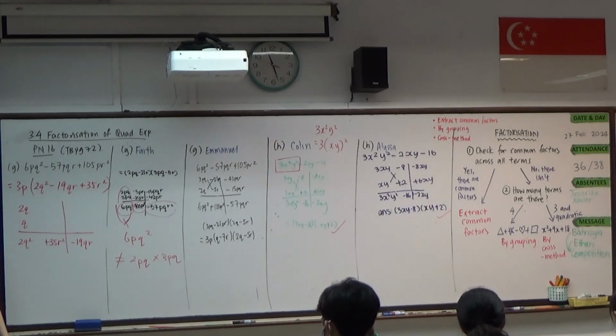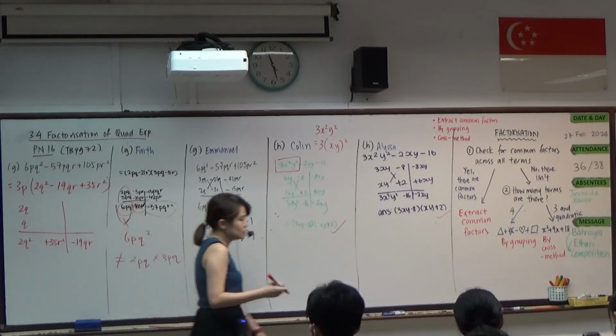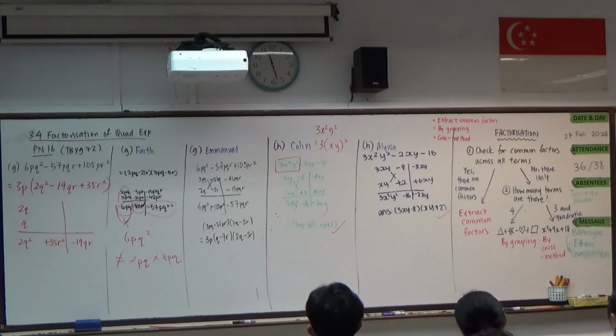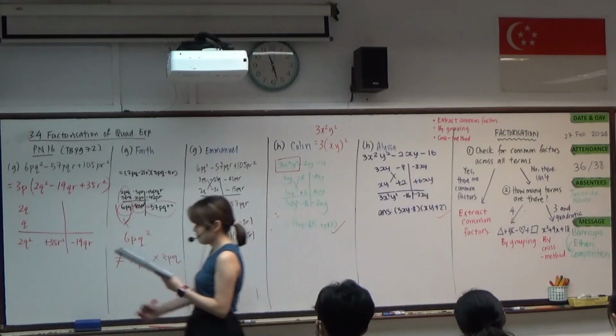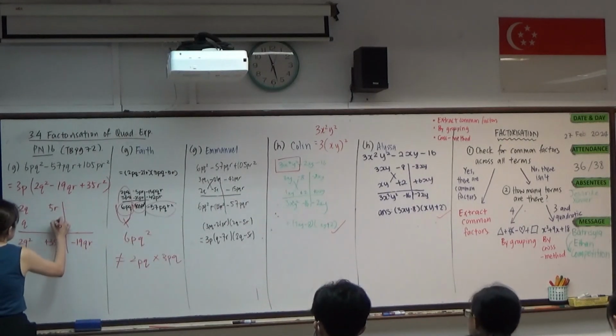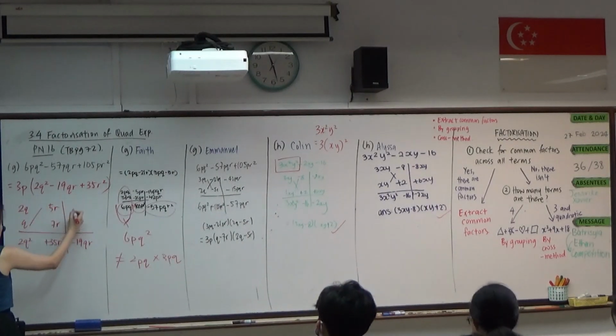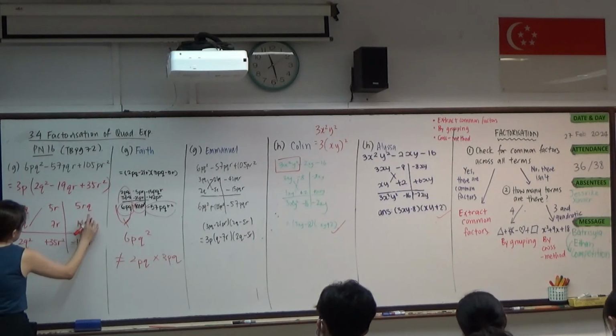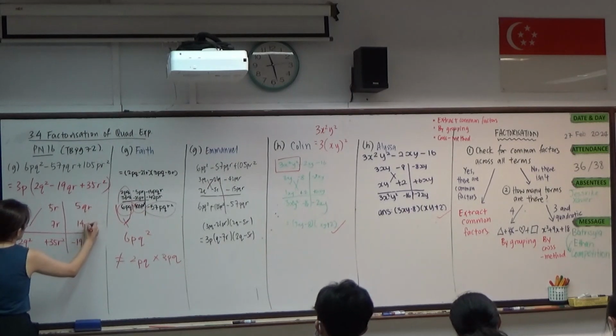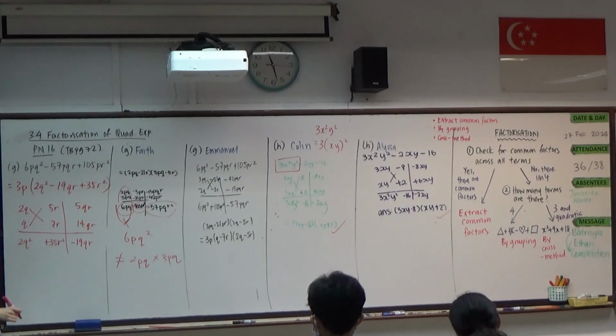Our life is definitely much easier this way, right? 35, we can consider 7 and 5 maybe. But to speed up the process, I'll tell you that we should be taking 5 first and 7. So I'll get 5r and then 14r cross out.